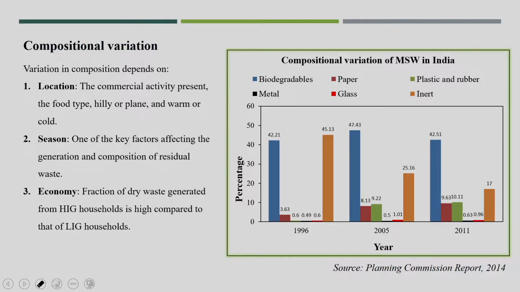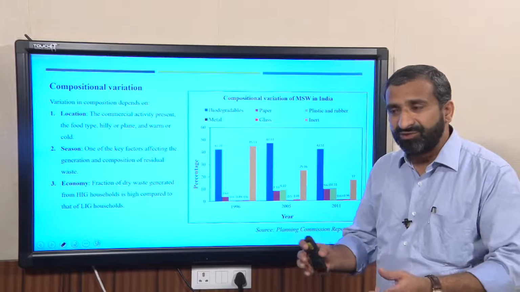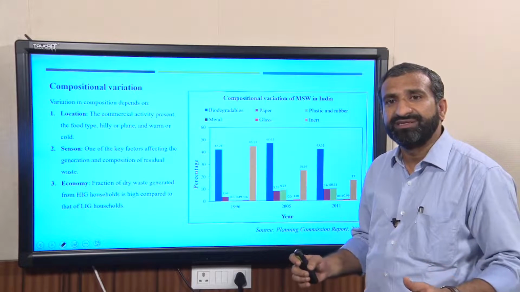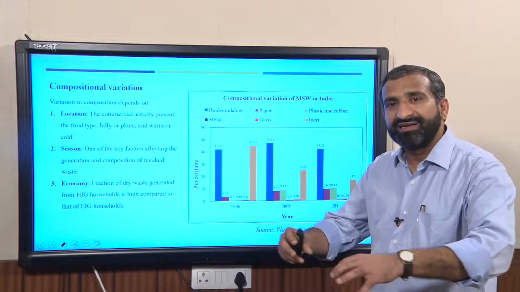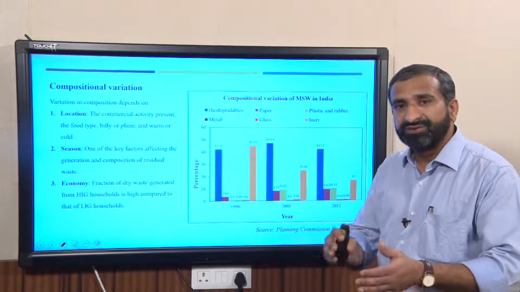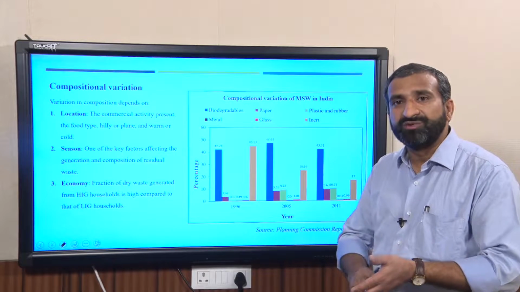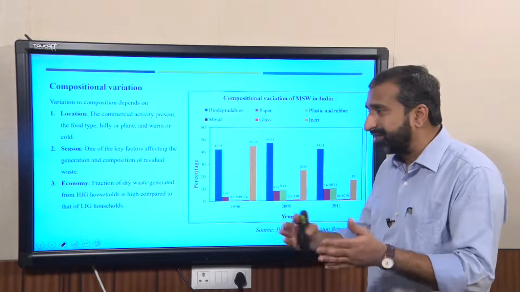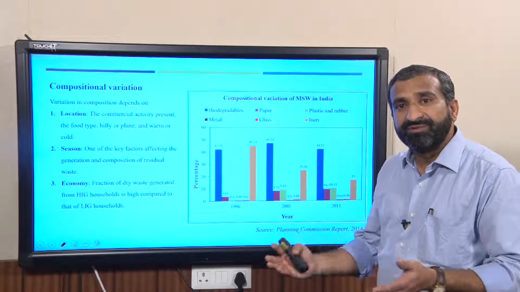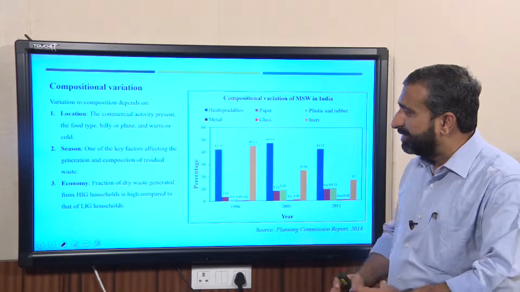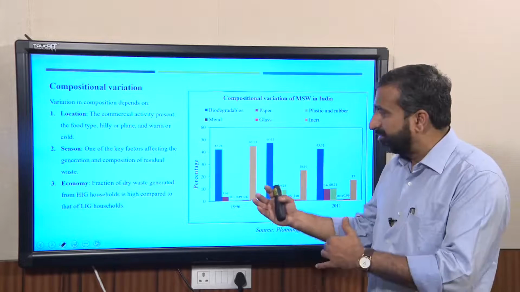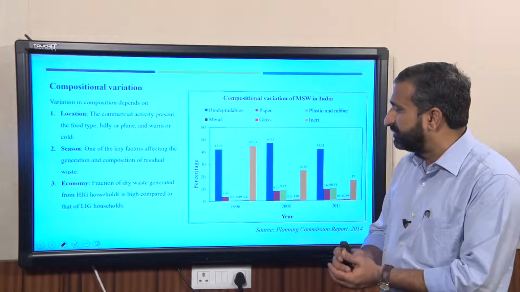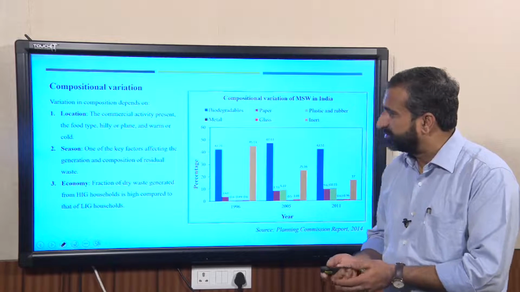Now, another is the economy. That is why when you do the sampling, I asked you that if you collect samples from the city area, the entire area has to be separated into high income group, low income group, commercial areas, market areas, vegetable markets. Based on that, with time and with the economy, the waste compositions change.